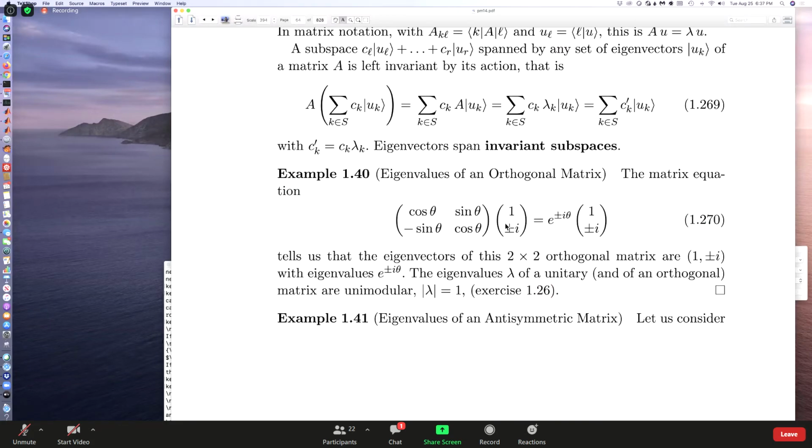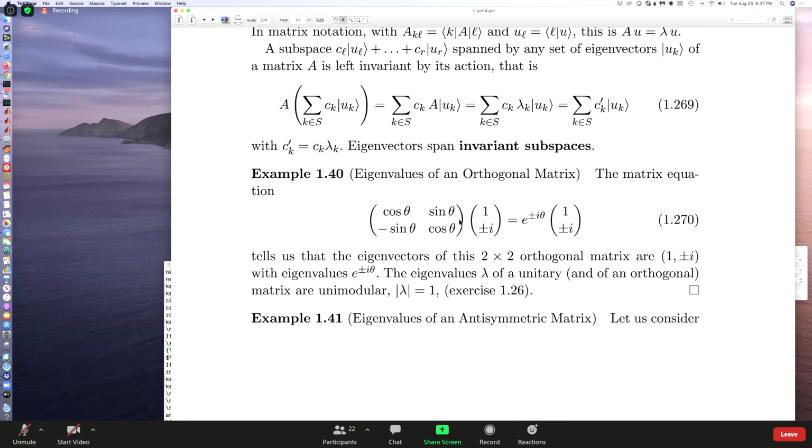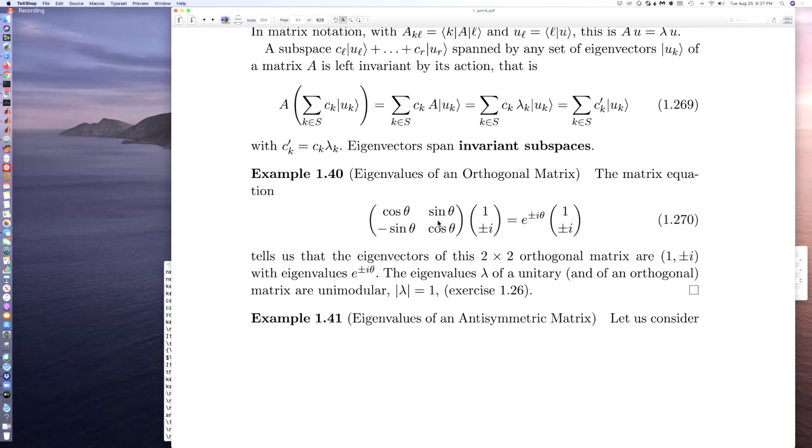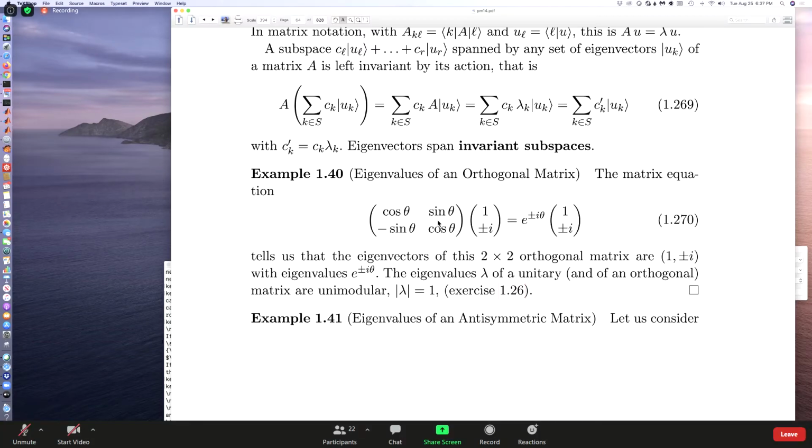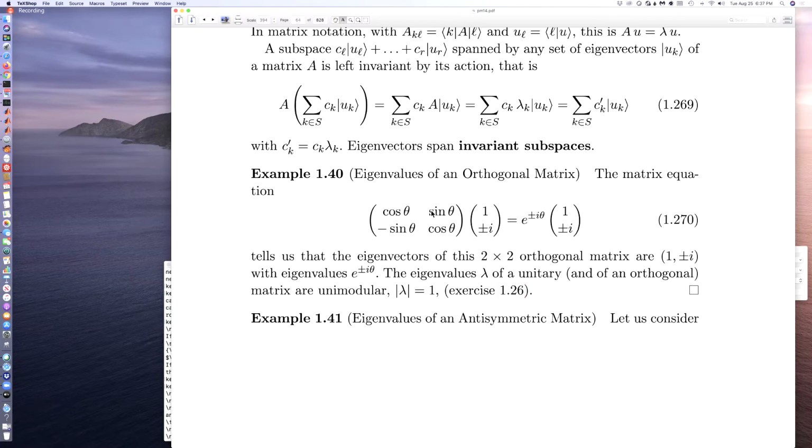Something a little bit surprising when you first see it, perhaps, is that the eigenvalues of an orthogonal matrix are actually phase factors. This gets back to what we said earlier, namely that you can have a real matrix, and if it's not symmetric, and this one, of course, is not symmetric, then it's not Hermitian.